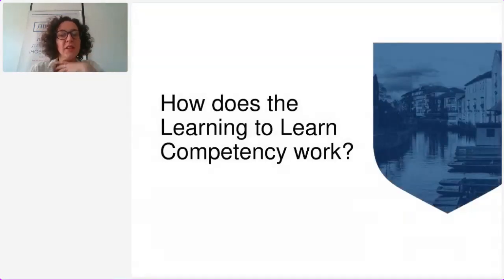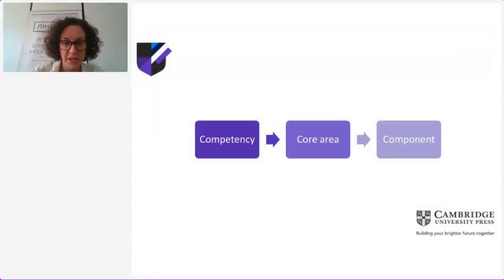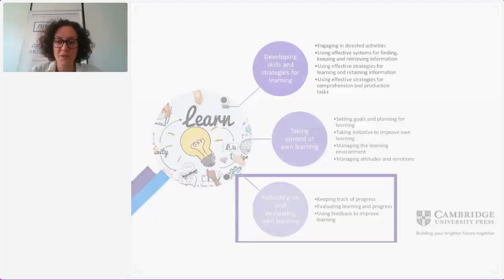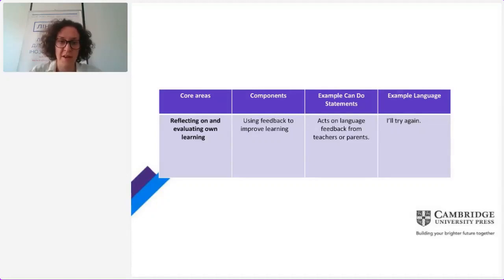So how does the learning to learn competency work in general? I already mentioned there is a competency, there is a core area, and there is a component. So if we look at the core area, it's reflecting on and evaluating own learning, for example, one of the three areas, and there are three components to this area.